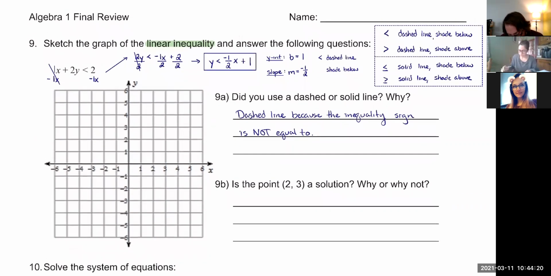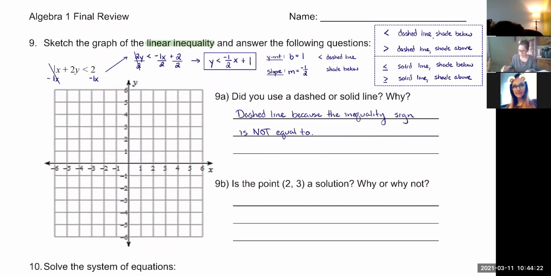So my y-intercept that I have listed there is a +1. According to the slope then, a -1/2, I'm going to go down 1, right 2. I'm going to do that a couple more times, down 1, right 2, down 1, right 2.